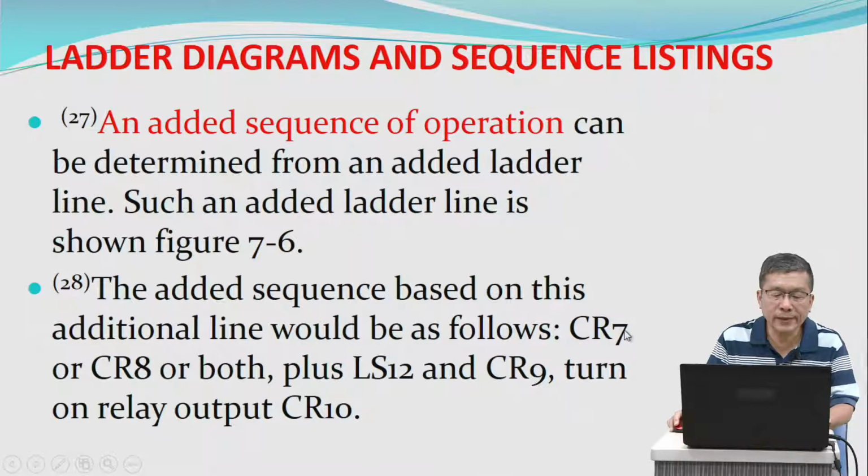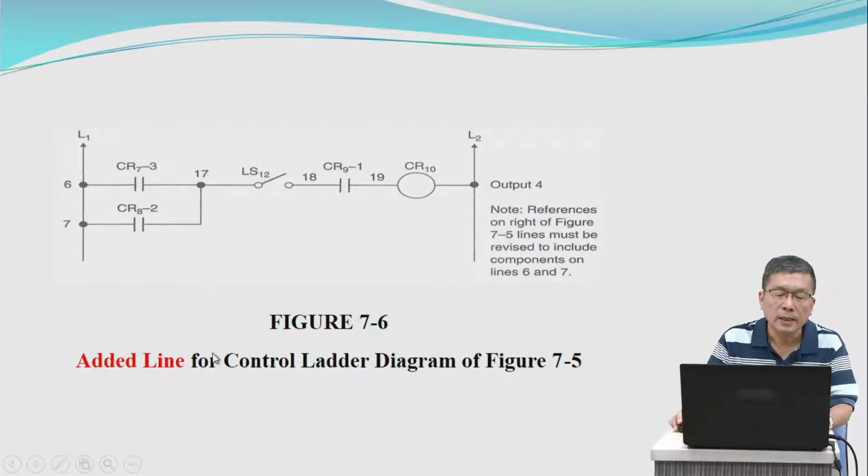Control relay 7 or control relay 8 or both, plus limit switch 12 and control relay 9, turn on relay output, control relay 10. This shows the added line for the control ladder diagram.